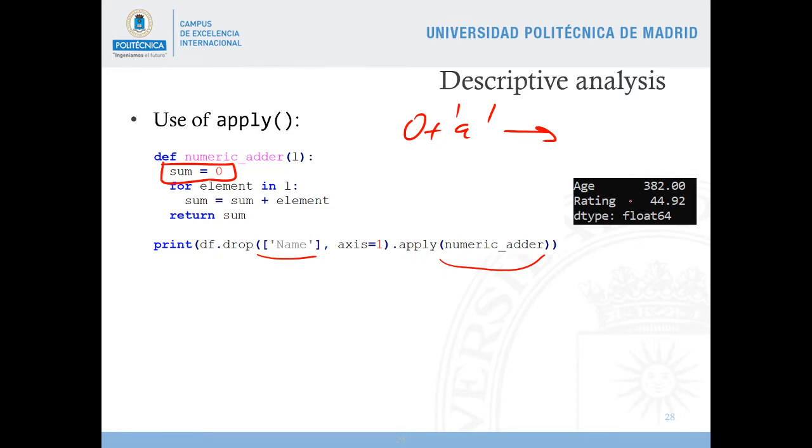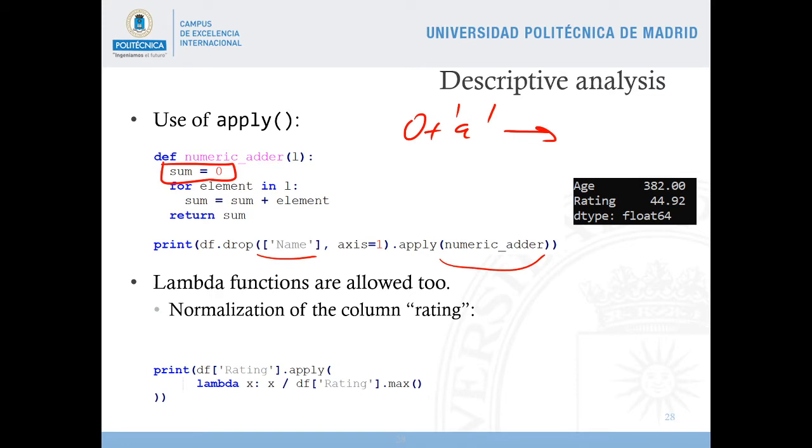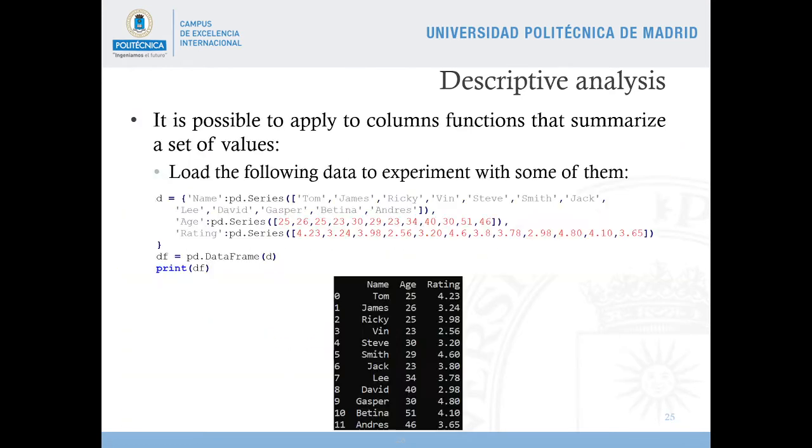Also, we saw that we have lambda functions. For instance, this is a lambda function which normalizes a column. In this case, I'm normalizing the column called rating. Rating in the original data frame, you see that it goes maybe from 0 to 5.